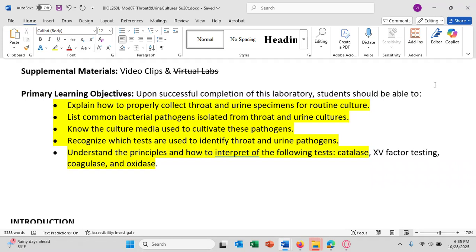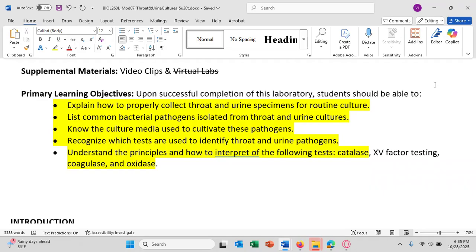Sorry, I'm trying to look for something I need to tell you about the unknown project, and I'm not finding it. Hopefully I'll find it. 5, understand the principles and how to interpret the following tests: the catalase test, the coagulase test, and the oxidase test.